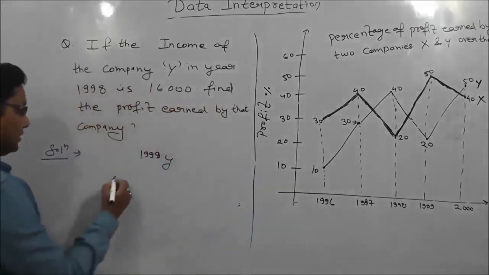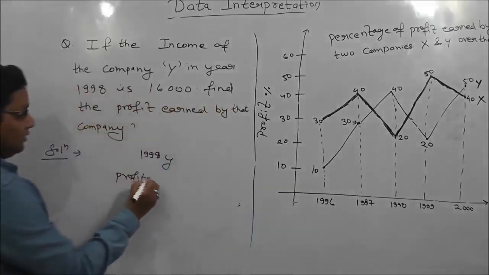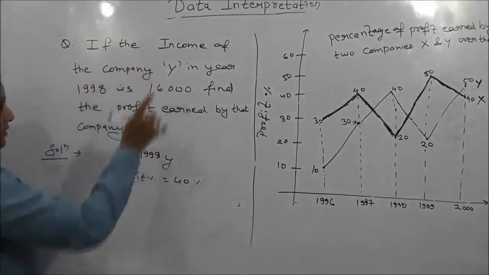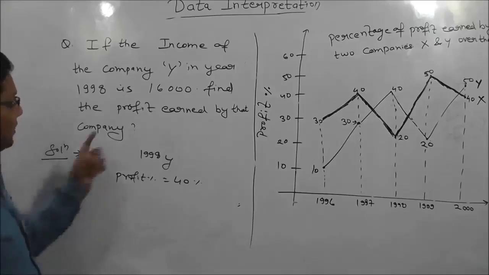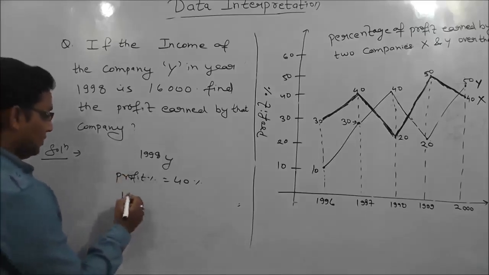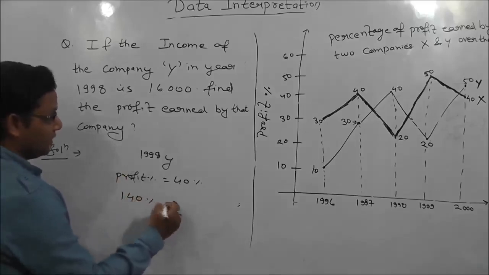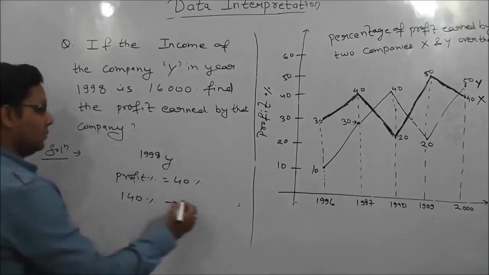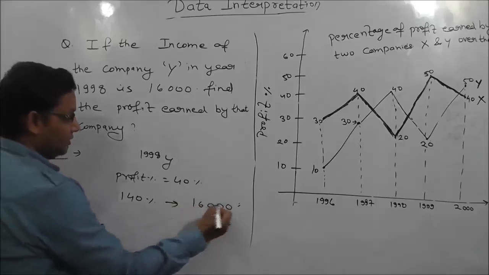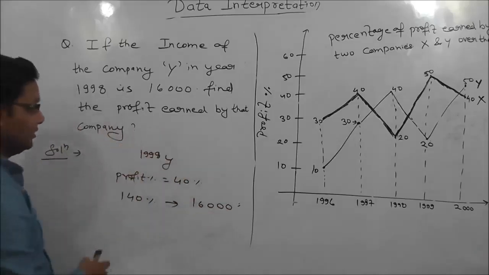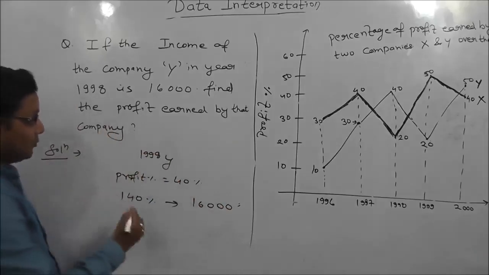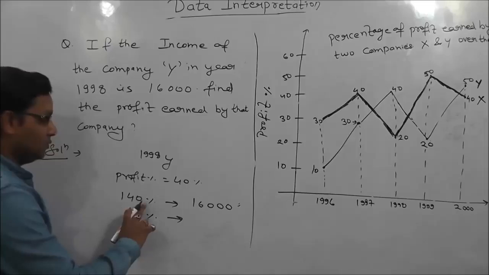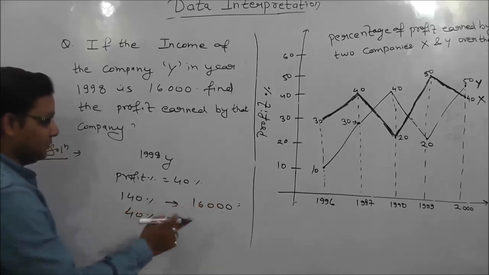So our profit percent is 40%, and income is given. It means 140% is given, because 100% plus 40% is the income. So 140% is 16,000, and we have to find the profit, that is 40%.